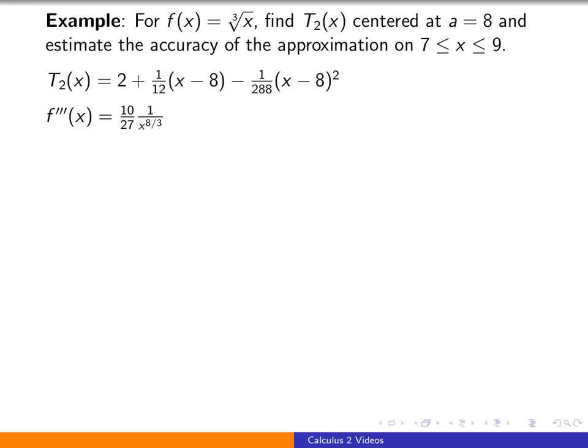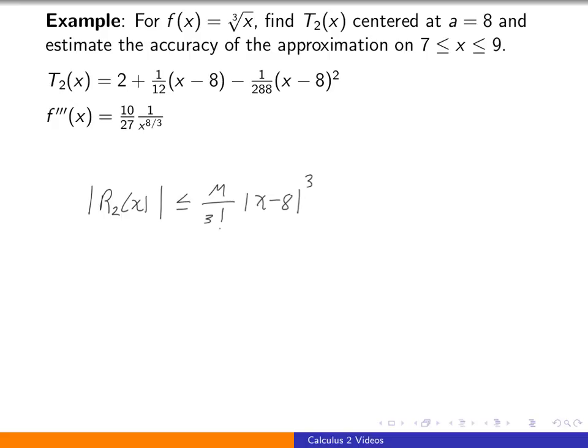In order to estimate the approximation, we need to look at that remainder term. So R sub 2 of x, the remainder for T sub 2, is bounded above, similar to before, by M over 3 factorial times the absolute value of x minus 8 cubed, where on our interval from 7 to 9, how big can M be, and how big can the absolute value of x minus 8 be?